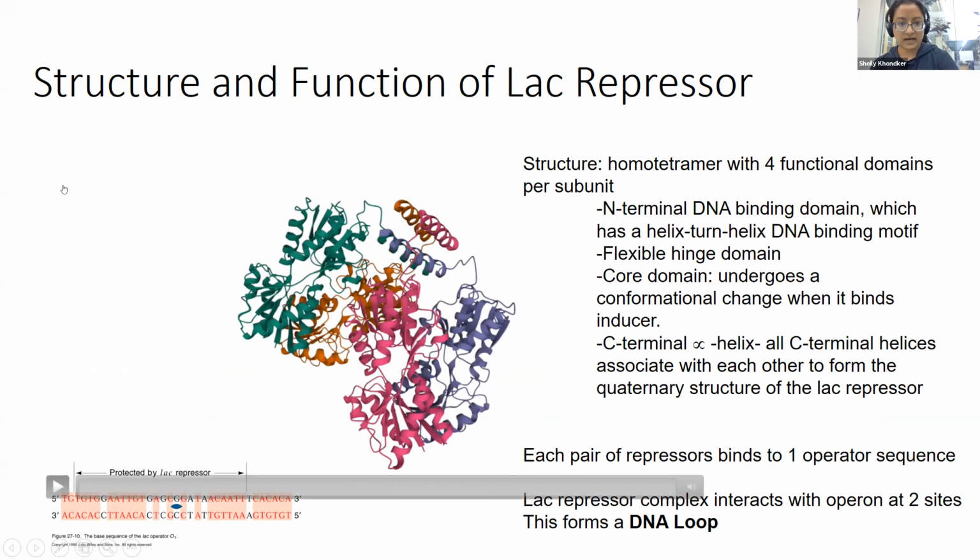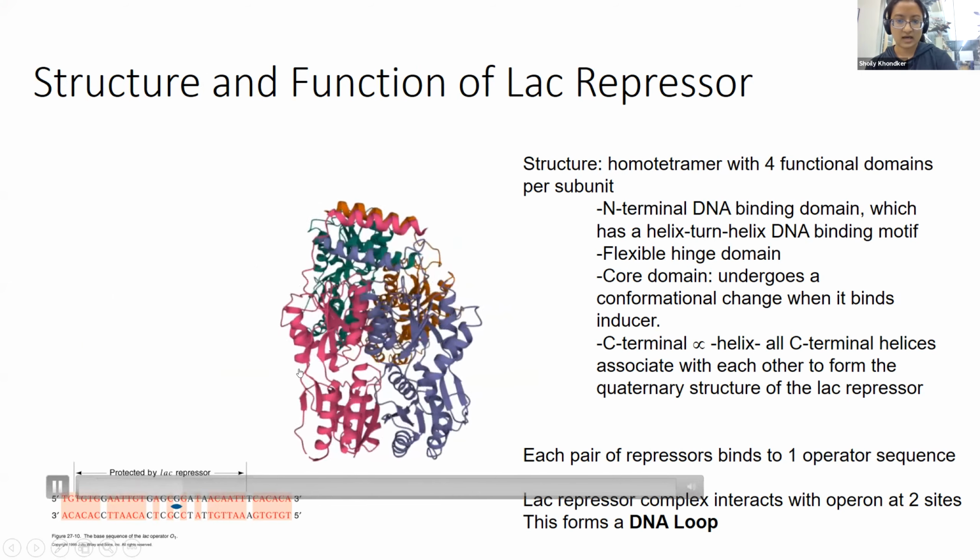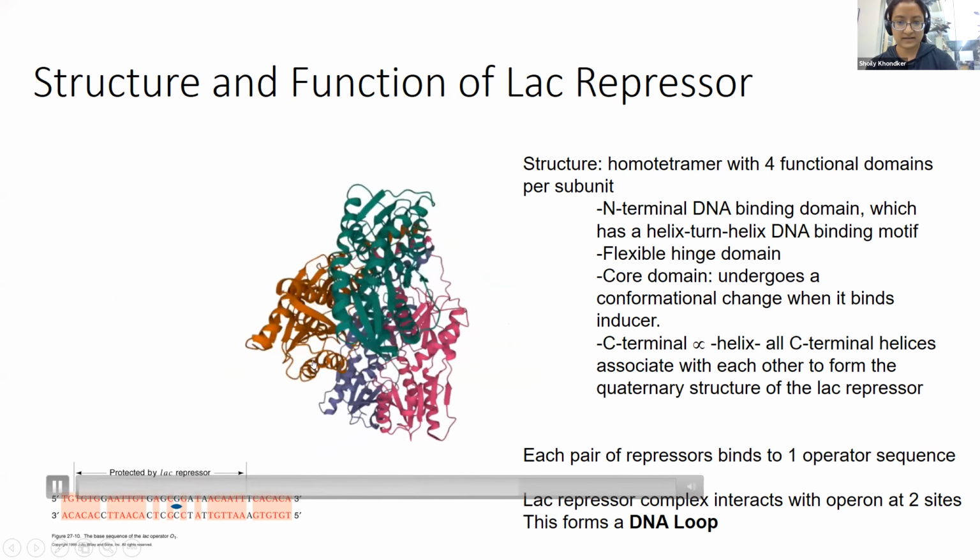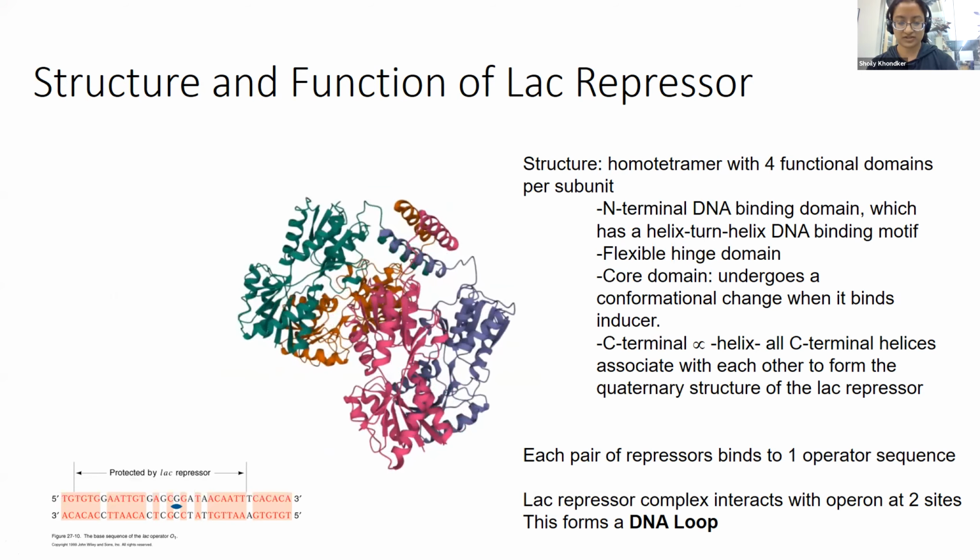So I want to talk a little bit about the structure of the LAC repressor. So this is the crystal structure. The LAC repressor is a homotetramer, which means that it consists of 4 subunits that are identical, and each subunit has 4 functional domains. So those domains are an N-terminal DNA binding domain, which has a characteristic helix-turn-helix motif.